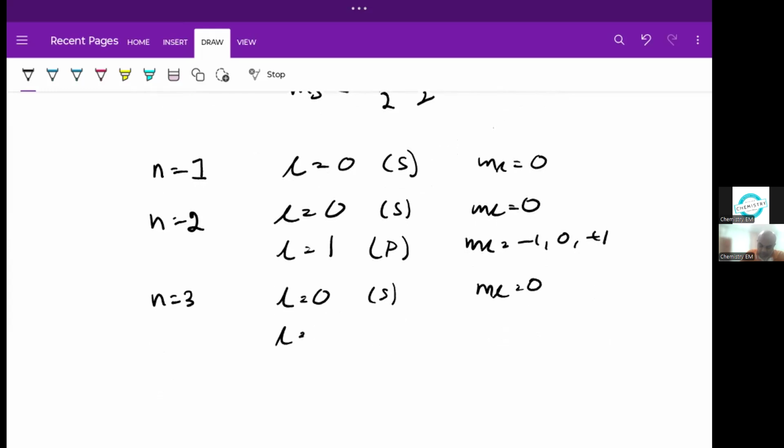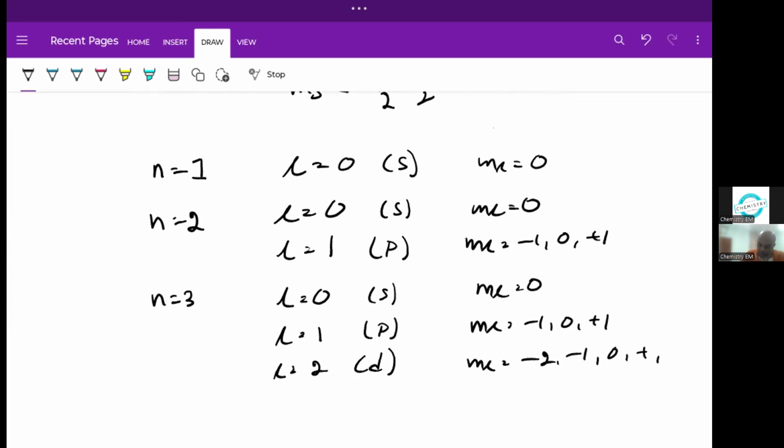L is equal to 1, that is P. L is equal to 2, that is D. So ML here is -1, 0 and +1. ML is equal to -2, -1, 0, +1 and +2, like that, right? So we can go until n is equal to 4, 5, 6, 7, like that.